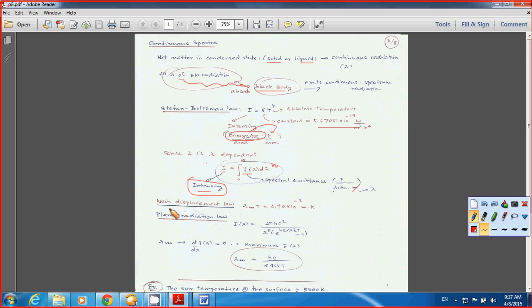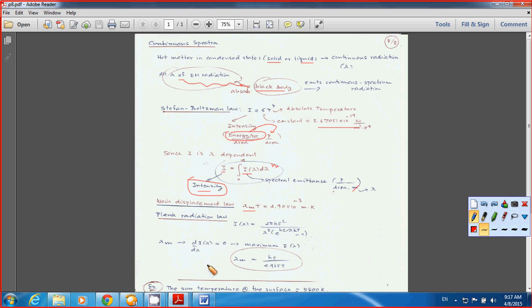Also there is the displacement law, lambda max multiplied by the absolute temperature is always constant. With the Planck radiation law, you have the new equation I lambda equal to 2 pi hc squared over lambda to the fifth, times 1 over exponential of hc over lambda kT minus 1.